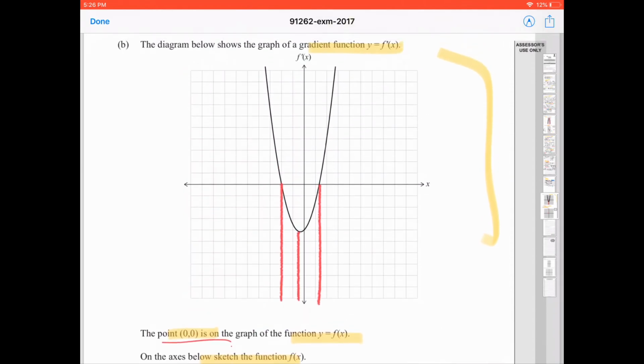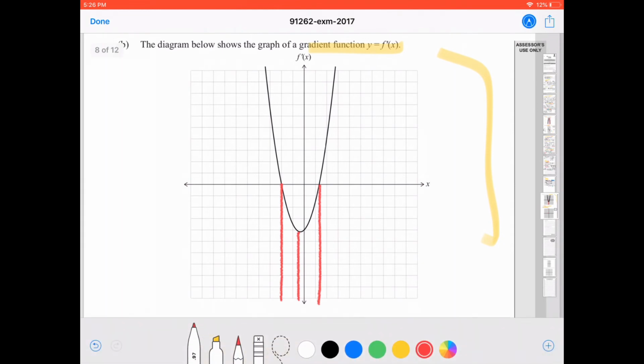And so if f dash of x, the gradient function, is a positive parabola, so x squared, then the original function is going to be a positive cubic, so let's just say x cubed. It's going to look like that.